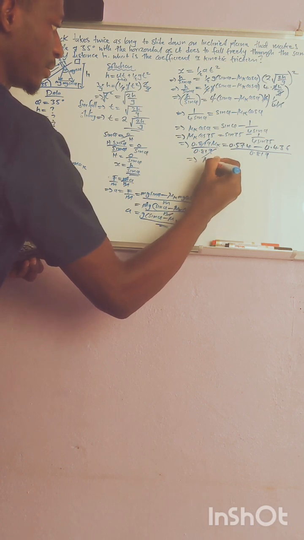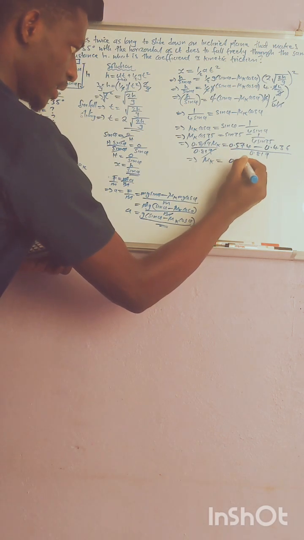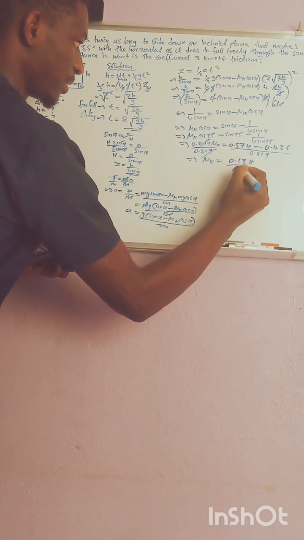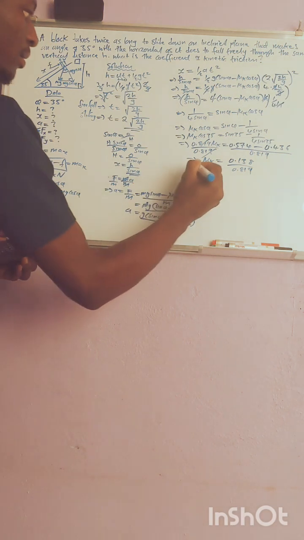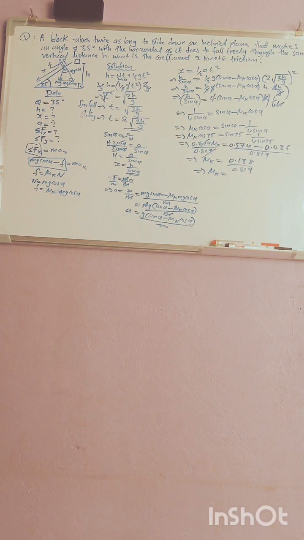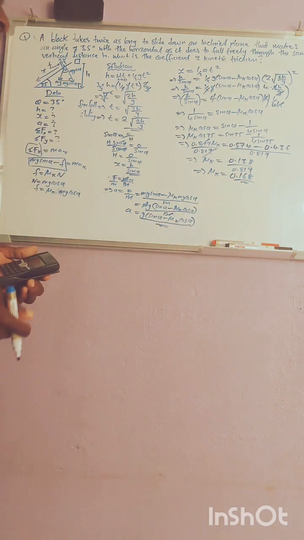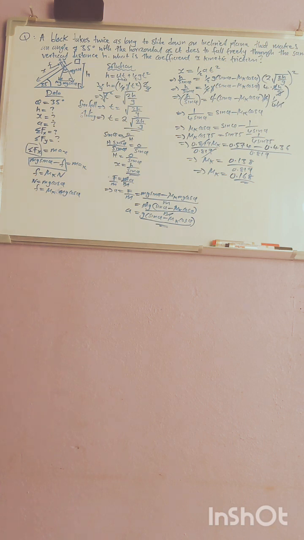Therefore, mu k is equal to 0.574 minus 0.436, which is 0.138, divided by 0.819. What is 0.138 divided by 0.819? We have 0.168. So this is how we find the coefficient of kinetic friction.